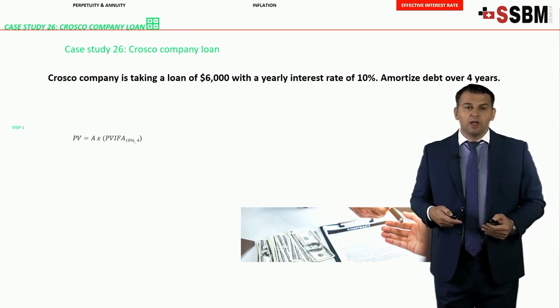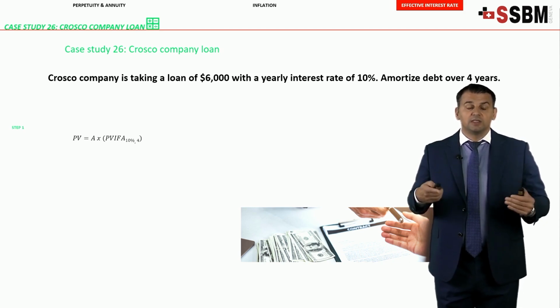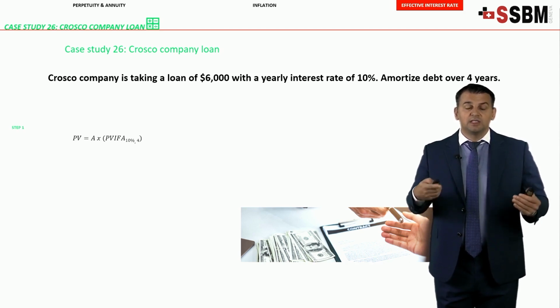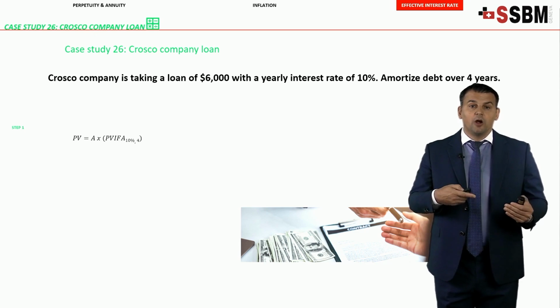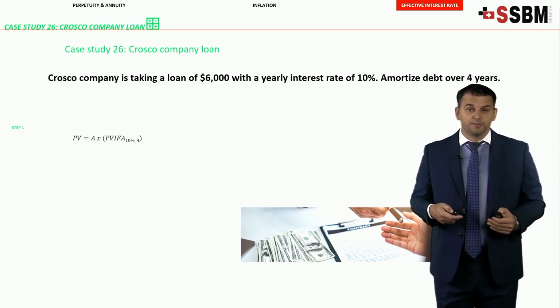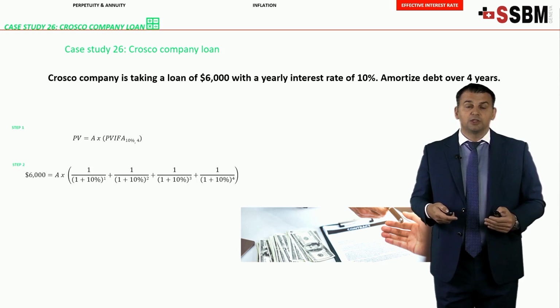So in step 1, we apply the mathematical formula, which is important to understand how it works in practice. Present value is equal to A, annuity, times PVIFA, the present value interest factor annuity, of the 10% interest rate and 4-year period. This is what we saw in the time value of money lecture.